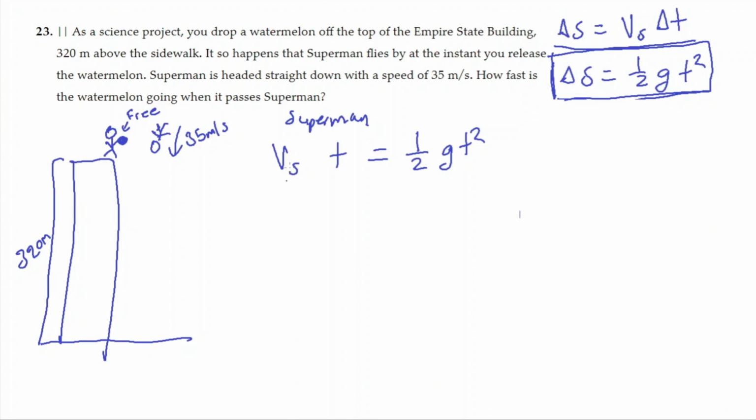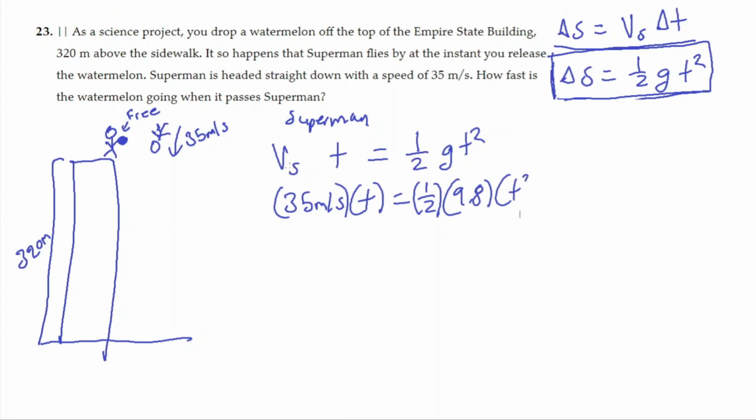Now let's start plugging in and solving. So Vs, the velocity of Superman, we know that's 35 meters per second. And this is all going to be in the downward direction, so that's why gravity is positive, because Superman's downward velocity is also positive here. So 35 meters per second is Vs. t, we do not know yet. And then we have half times g, which is 9.8. We know that.